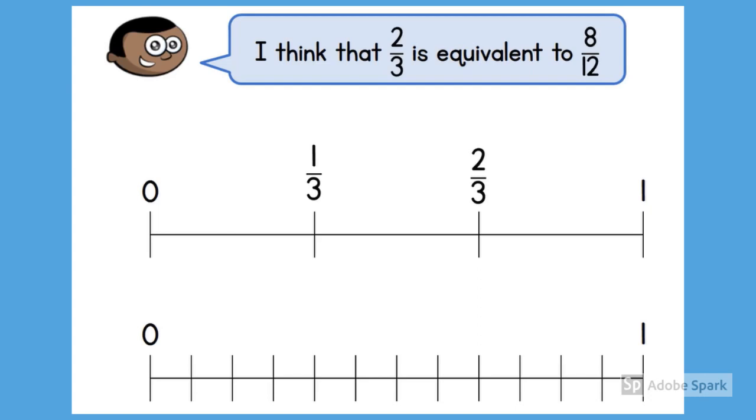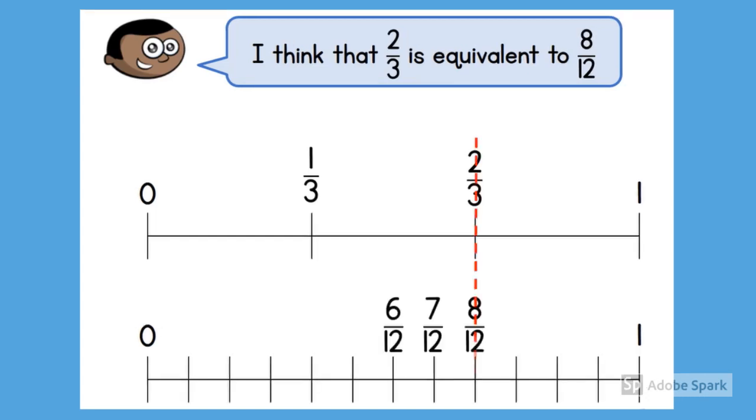On the bottom number line, he split it into 12 equal parts. Can you find 8/12? Let's start at the middle, which will be 6/12, and move along 2. Are they equivalent? We can clearly see here with the dotted red line that 2/3 is equivalent to 8/12.